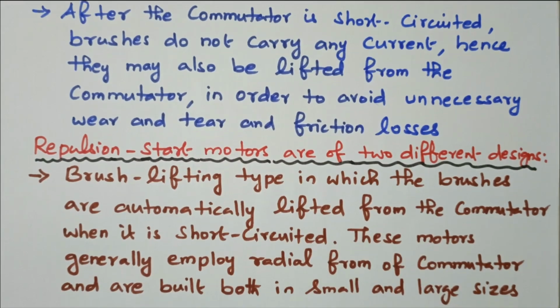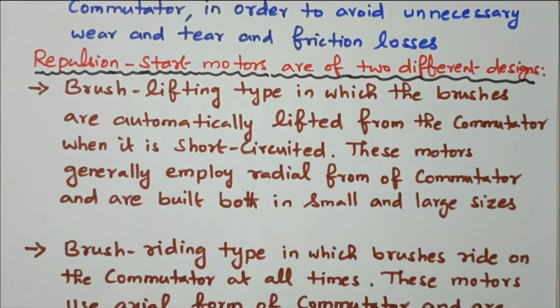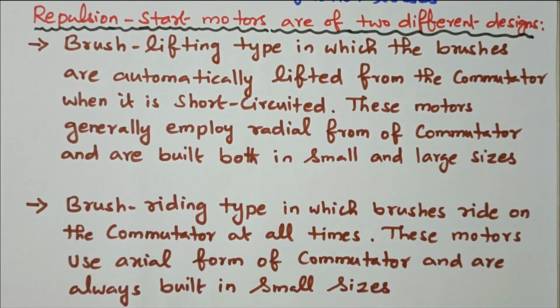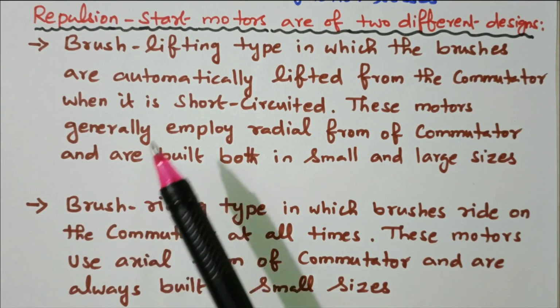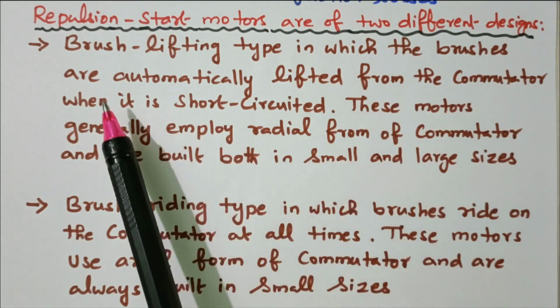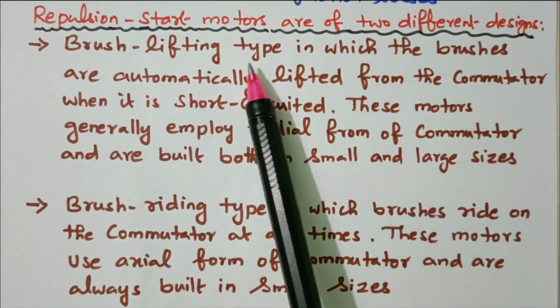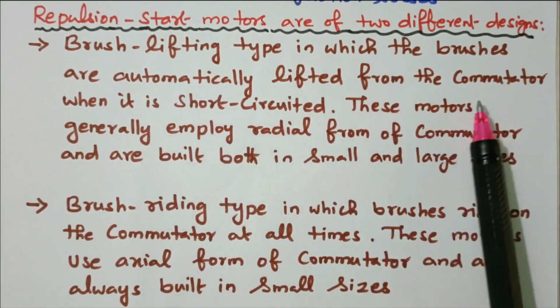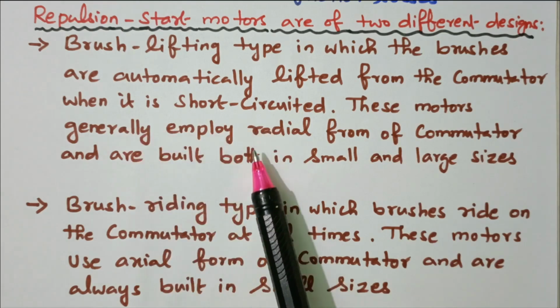Then we have the design. What are the two different designs available in the repulsion start induction motor? Repulsion start motors are of two different designs. First one, brush lifting type, in which the brushes are automatically lifted from the commutator when it is short circuited.